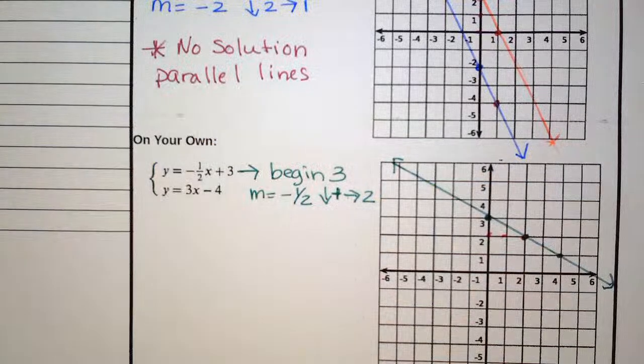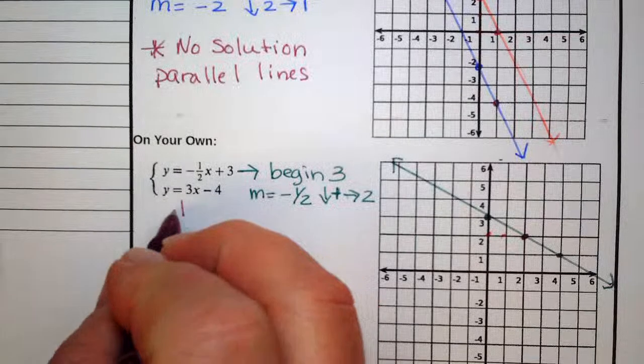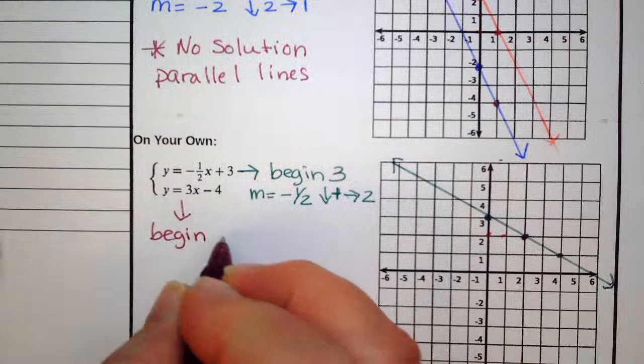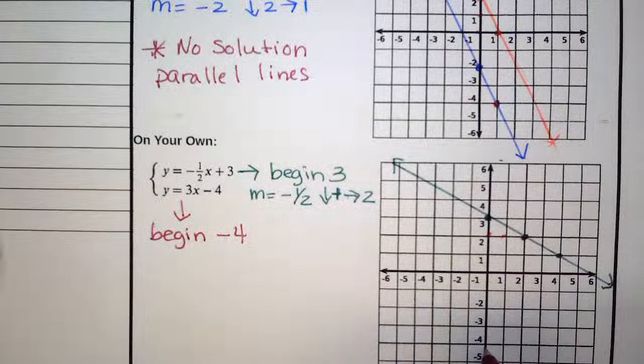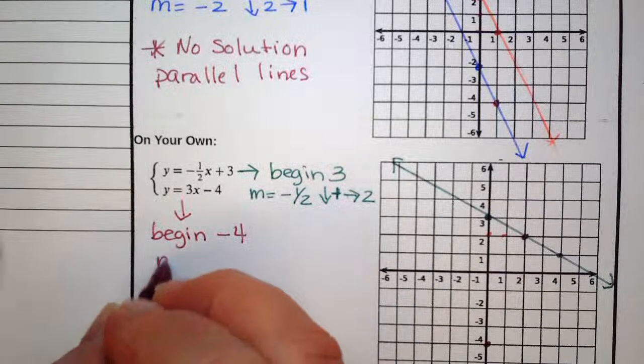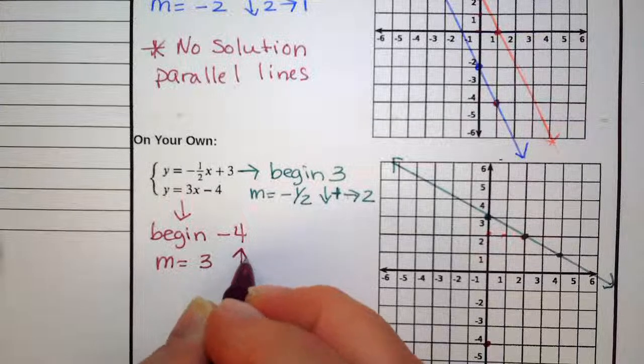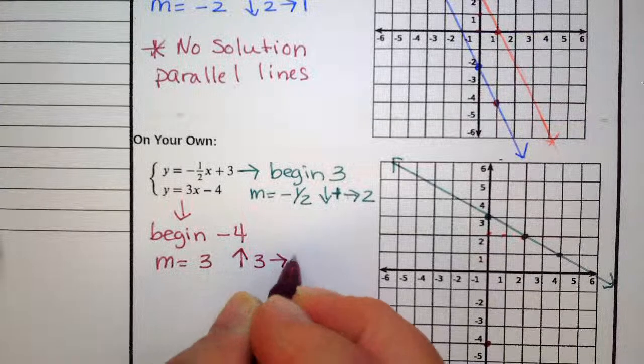For the next one, where do I begin? -4. How do I move? 3. That means I go up 3 and then I go right 1.